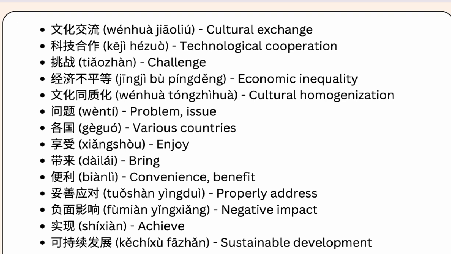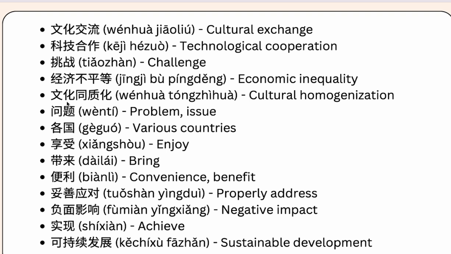It's very repetitive in terms of vocabulary. So 经济 economy, 不平等. 平等 is equal. So it's like economic inequality.